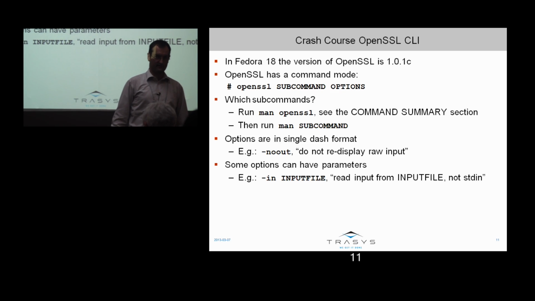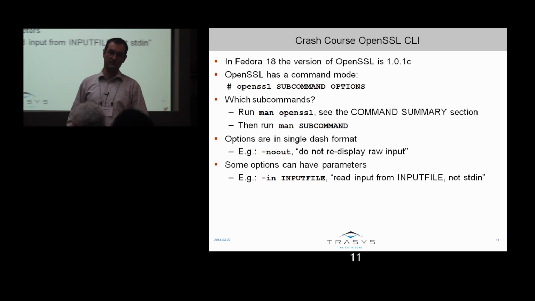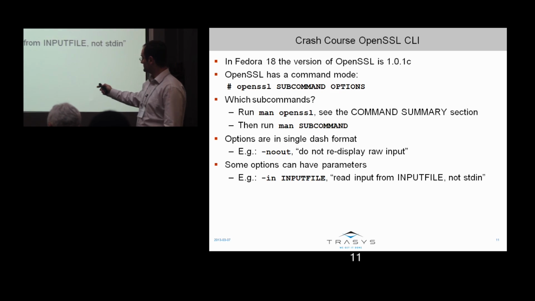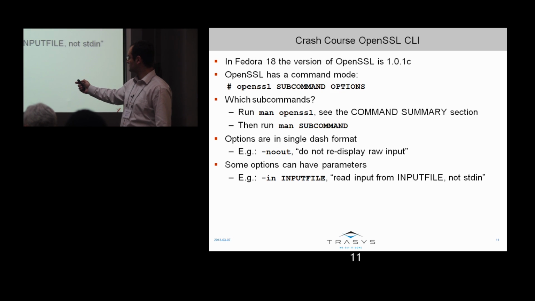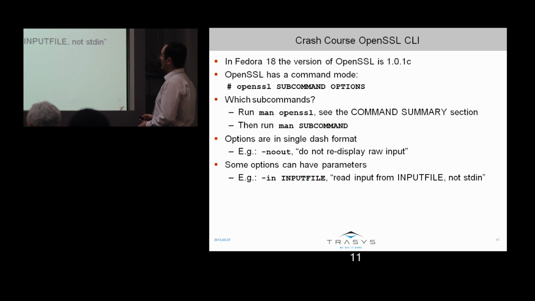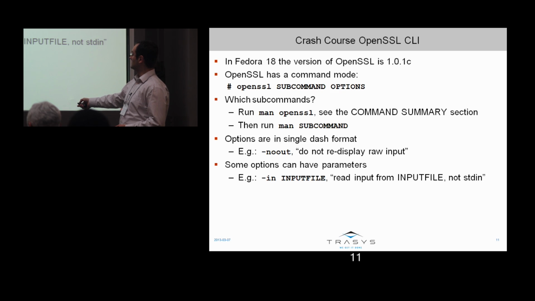The options that the OpenSSL subcommands take are either in single dash format, so something like -noout. This means when you output something that I've asked you to show me, then don't show me the input too. And other options can have parameters, such as this one. This one, -in, indicates an input file.